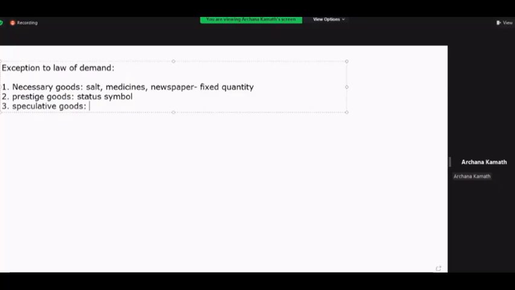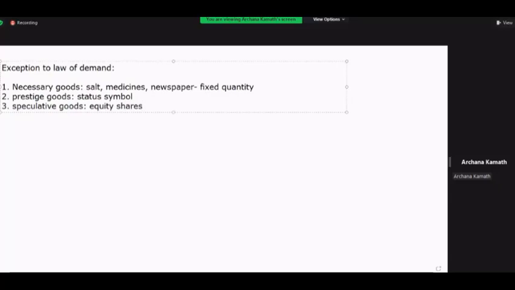Speculative goods is the next one, as in the gold example. If you're looking at gold as a speculative instrument, it means you are planning to purchase it today at a price and sell it when the price is higher so that you can make a profit. For example, equity shares.